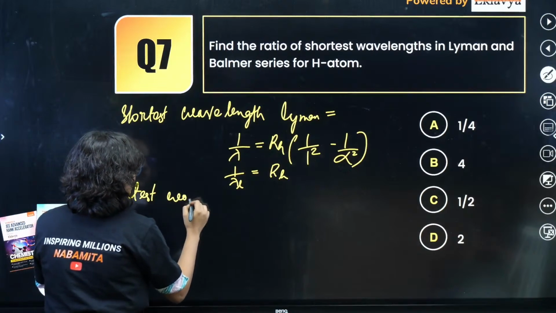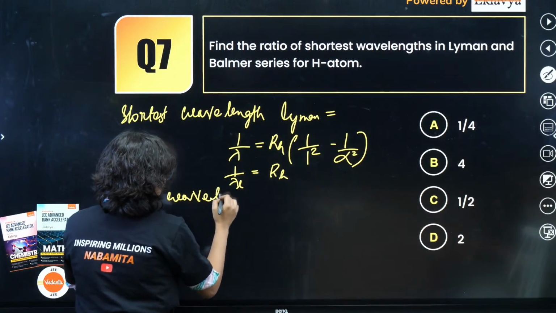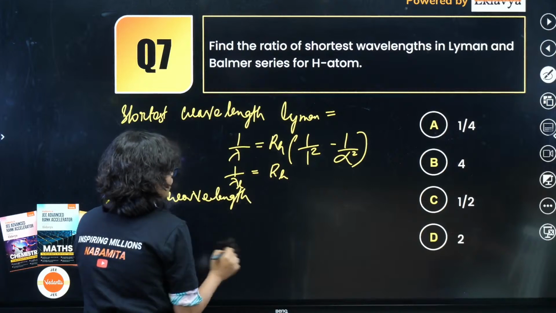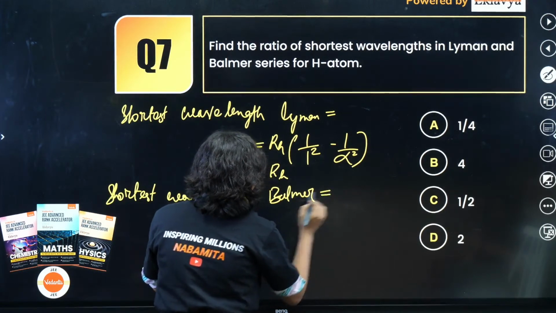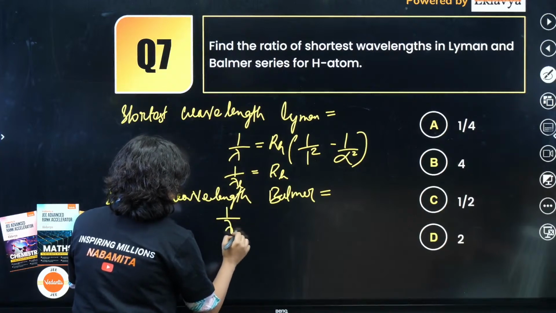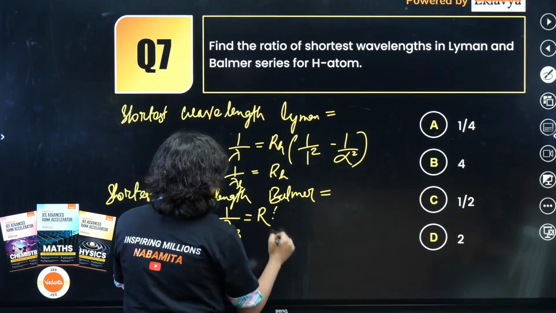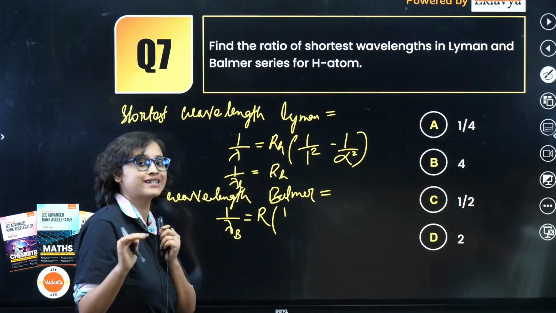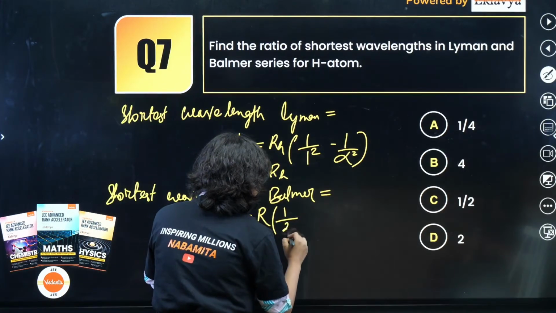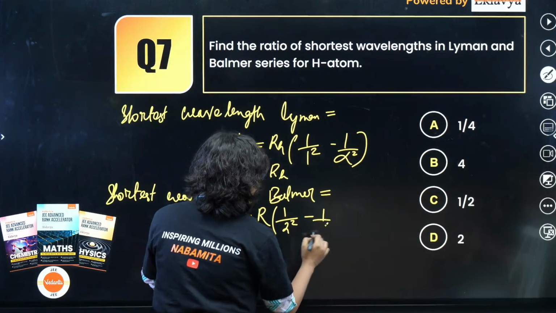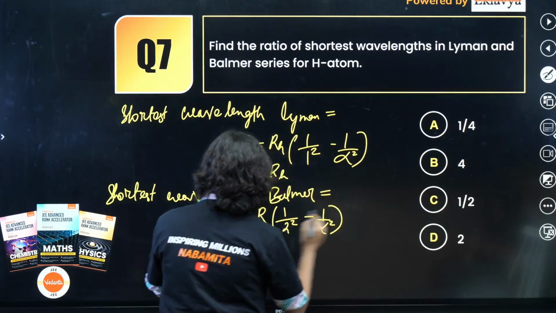Shortest wavelength of Balmer series, everybody, is 1 by lambda B is equal to R multiplied with 1 by 2 square minus 1 by infinity square, since Balmer has the ground state as 2, isn't it? Am I right? Absolutely yes.